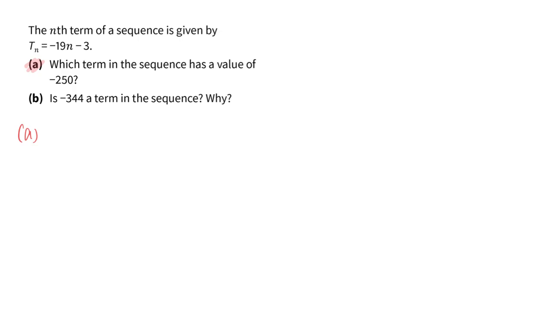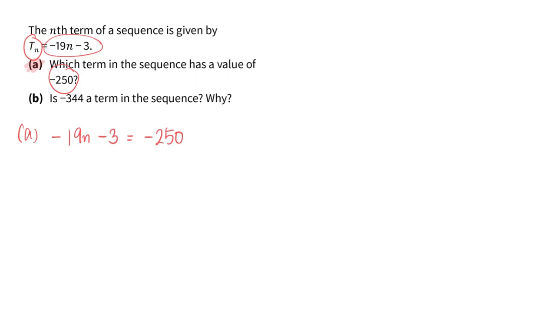So I just have to equate negative 19n minus 3 equals to negative 250. Okay, because they are telling me that the term is equal to negative 250.